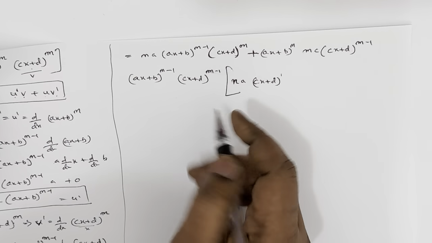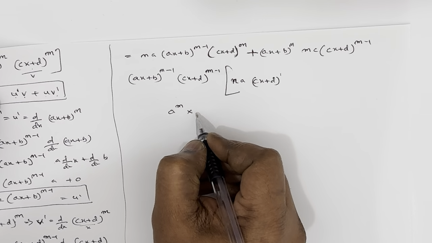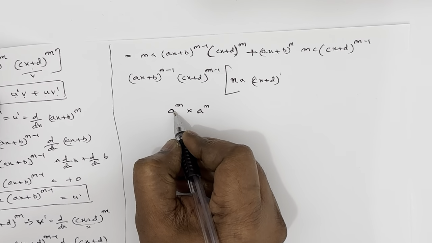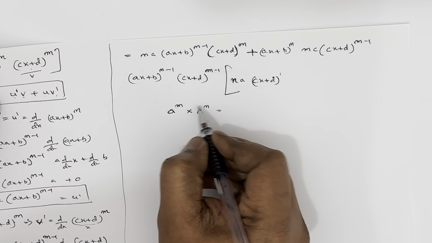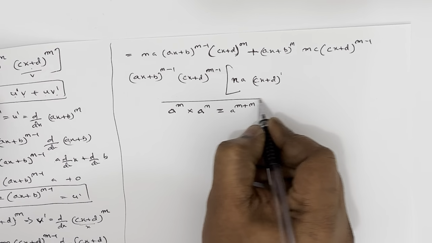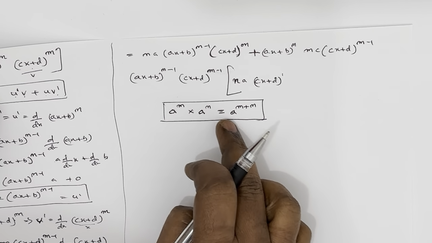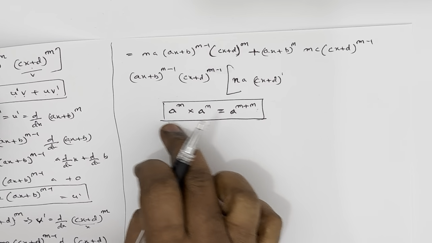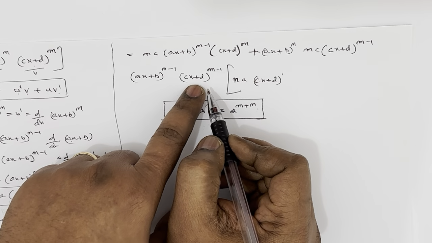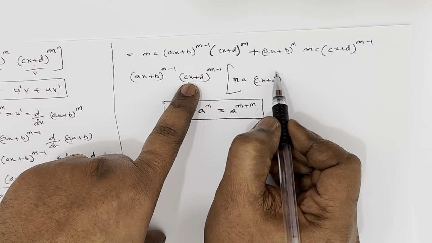How do you get this? You know there is a formula: a raised to m multiplied by a raised to n, where the bases are the same, then the powers will be added, a raised to m plus n. Because both the bases are the same, the powers can be added. In the same way, cx plus d and this are both the same, so its powers can be added.